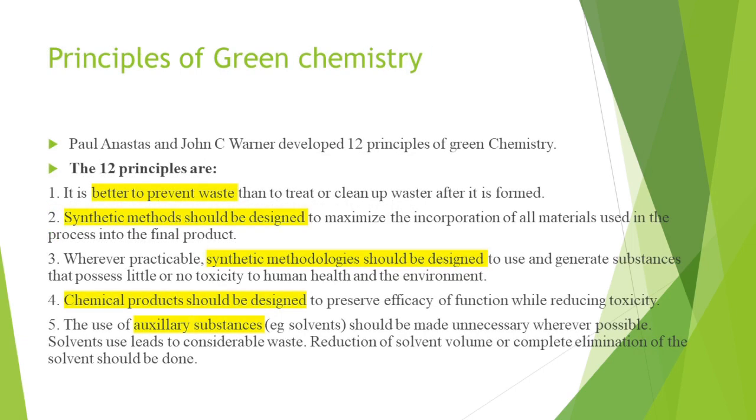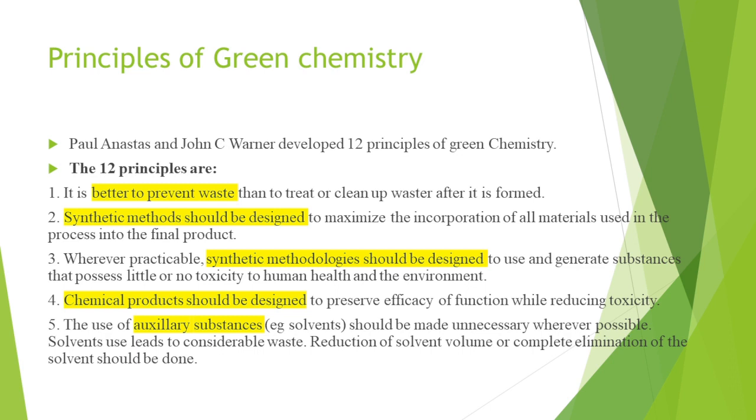So now, as I was telling, there are some principles on which green chemistry is based. This was developed by Paul Anastas and John C. Warner, and they developed 12 principles of green chemistry. This is a very important set of principles.